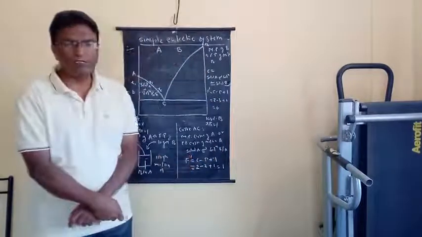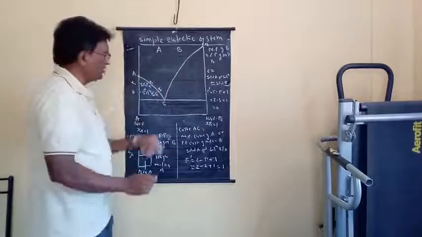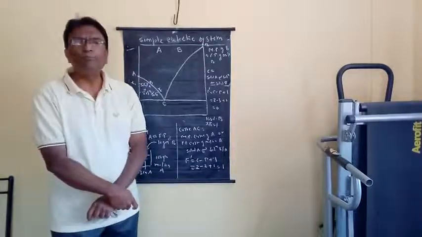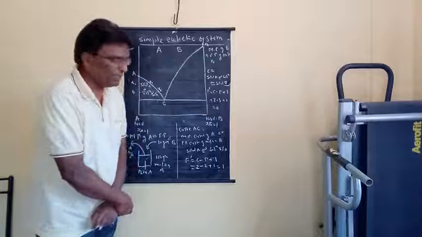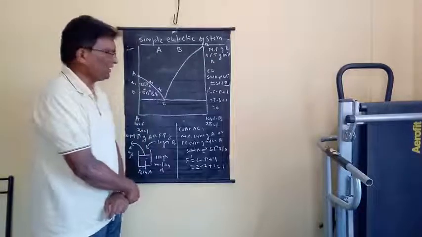That means the system is non-variant, and this point is called the triple point or non-variant point.